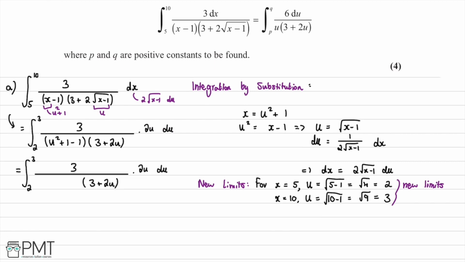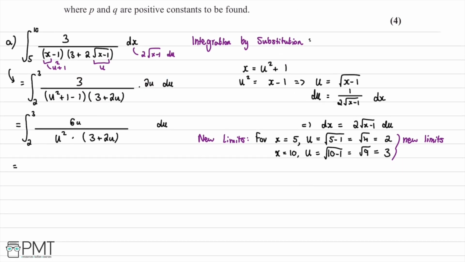Then simplifying this fraction, u squared plus 1 minus 1 is equal to u squared, and then we can tidy this up. We can take our 2u and multiply it by 3, so that's going to be equal to 6u, and here we go.